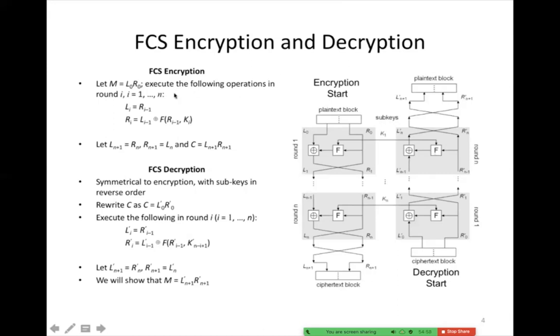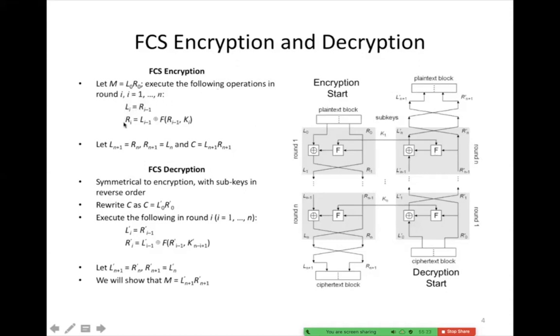So I want to make this clear. Now this encryption is straightforward. Remember, we have only two operations. One is the exclusive OR operation. The other one is the substitution function. Okay. So now we have n rounds.